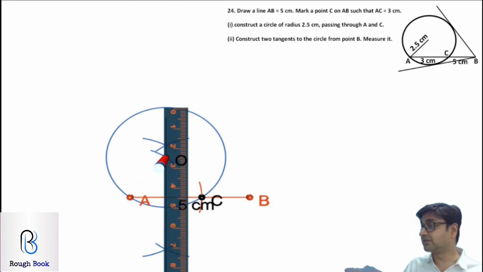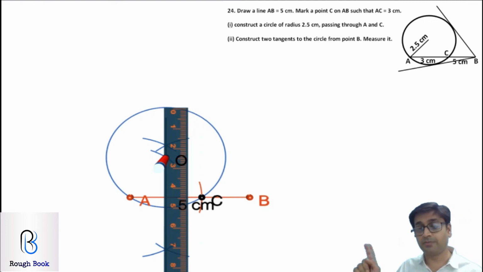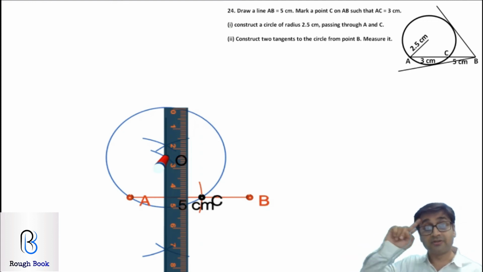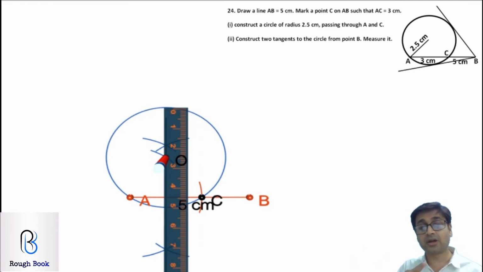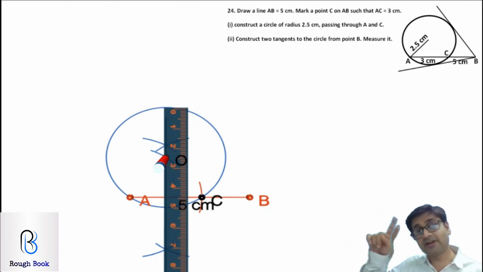Now that we've got the circle passing through A and C, how are we going to go further? Drawing the tangents from B to the circle. So we have to rewind back to sum number 1, drawing tangents from a point outside the circle. Remember, in that O and B had to be joined. Then the bisector of OB, take the midpoint, extend till B and draw a circle.